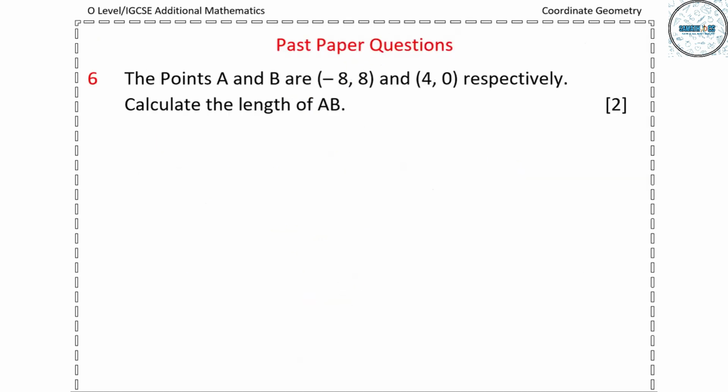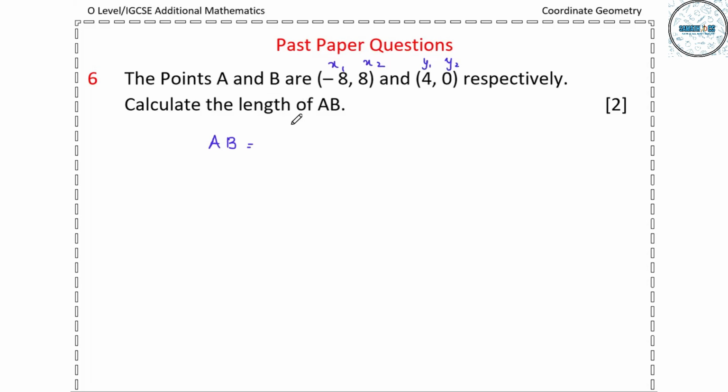Let's do some past paper questions related to the concept which we have done over here. The points A and B are minus 8, 8 and 4, 0 respectively. Calculate the length of AB. We have to use the formula for taking out the length of AB. We have here x1, x2 and here y1, y2.